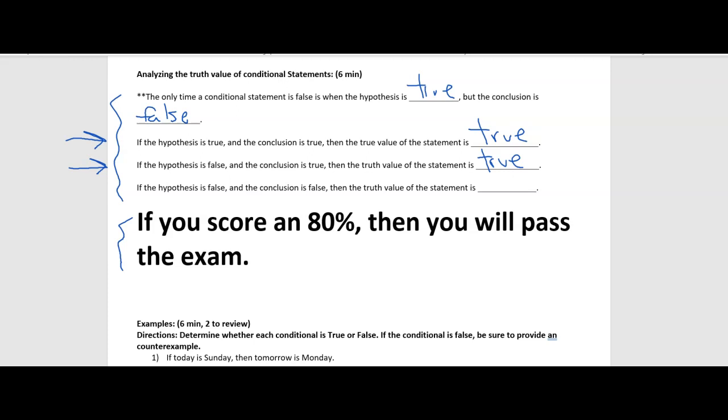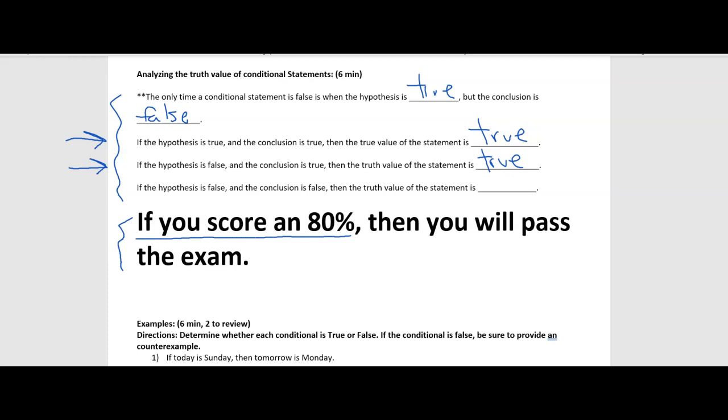And it doesn't mean that the entire statement is false. So hypothesis can be false, conclusion can still be true, right? We don't know that the conclusion is going to be true, because somebody could score a 50% and not score an 80%, and then they wouldn't pass the exam. But that's irrelevant because our hypothesis was that they scored an 80%.